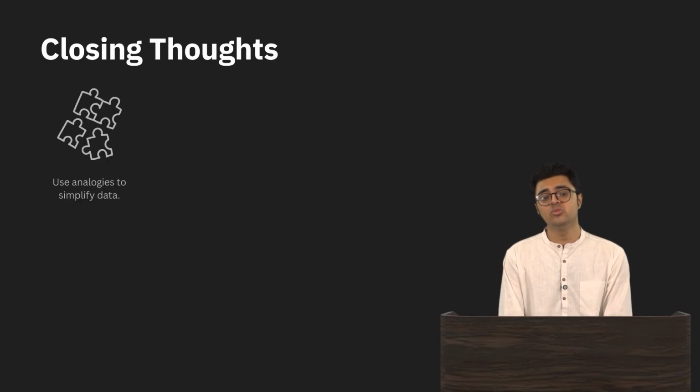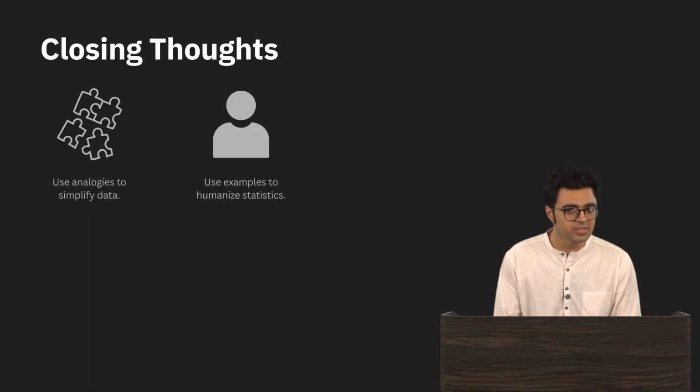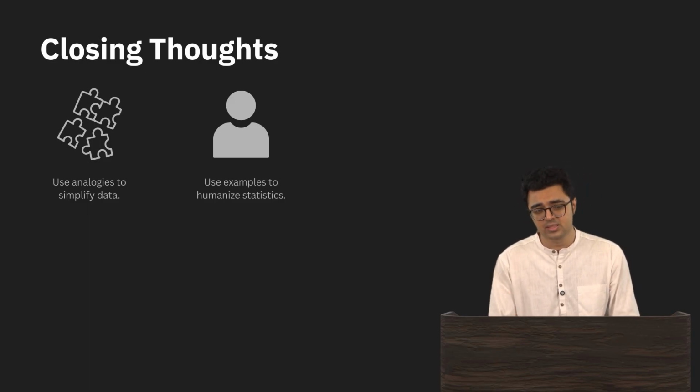So today's lecture by far has been filled with exercises and different kinds of storytelling techniques. We have seen examples, we have seen principles, and we have done a lot of exercises ourselves. So in the end, I would like to reiterate how to use the techniques that we have learned today to make sure that our stories leave the best impact possible. You can use analogies to simplify data. You can use examples to humanize statistics.